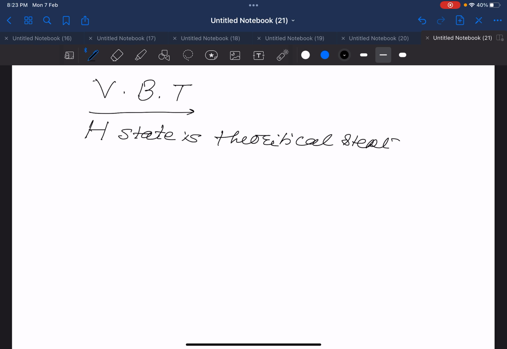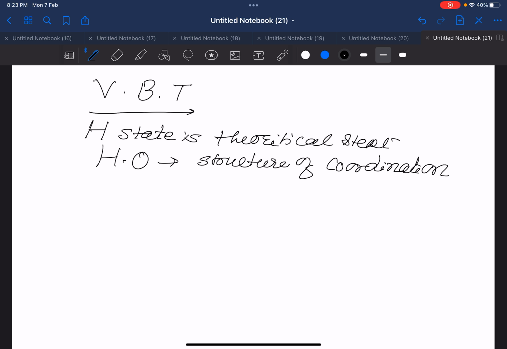The hybrid orbitals neither exist nor can be detected spectroscopically. These orbitals, however, help us to describe the structure of coordination compound.